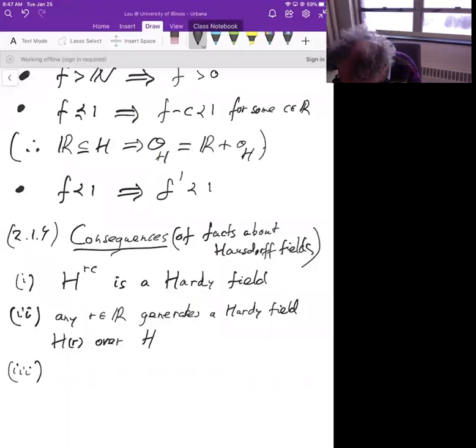And third, this is the thing about adding antiderivatives.